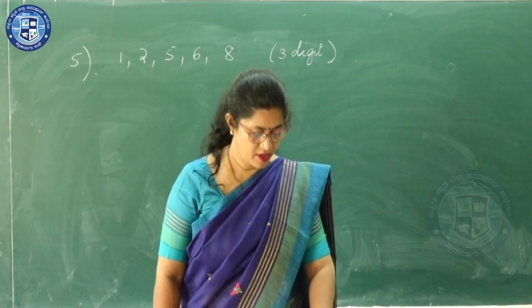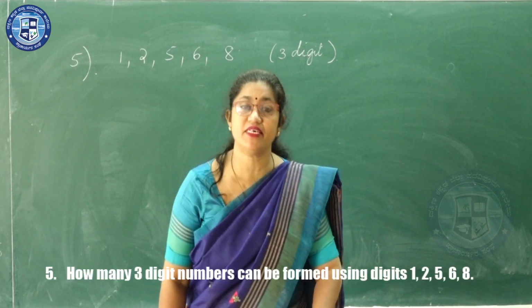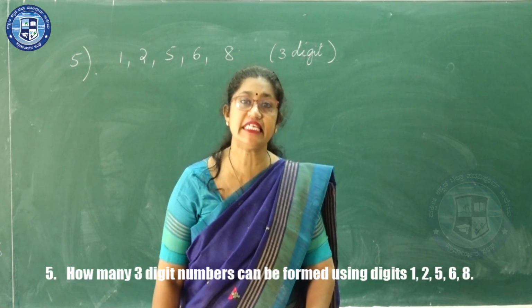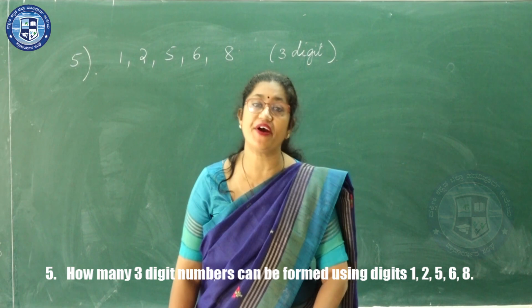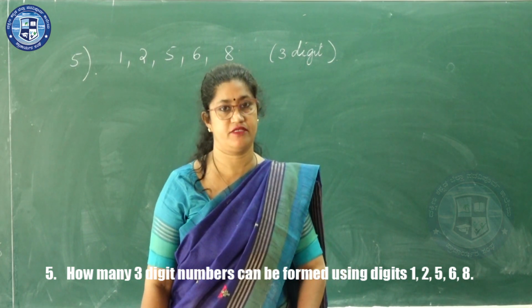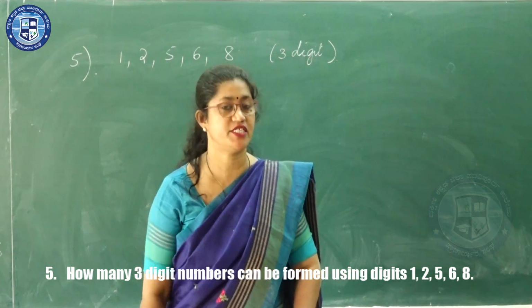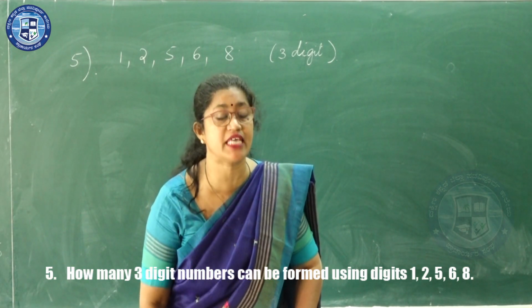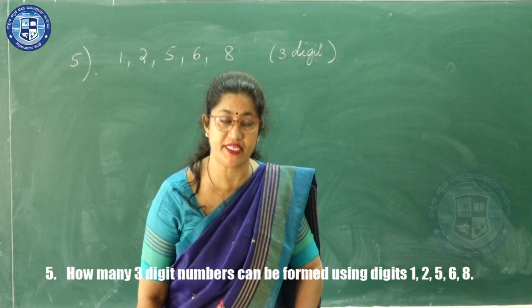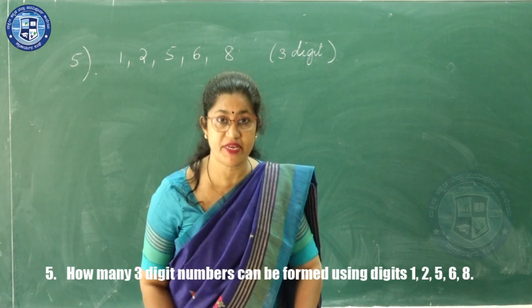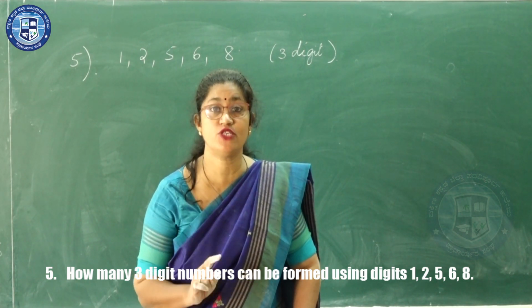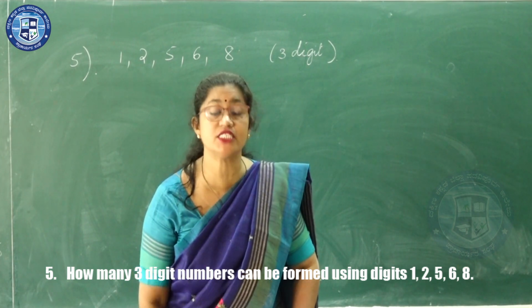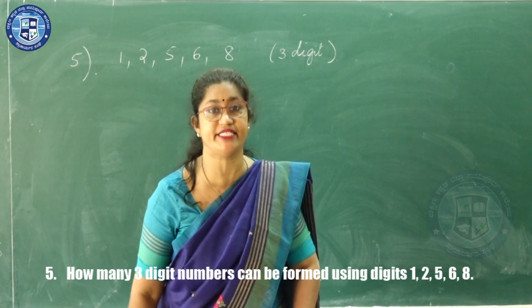Question 5. How many 3-digit numbers can be formed using the digits 1, 2, 5, 6 and 8? Read this question carefully. It does not say anything about digits can be repeated or cannot be repeated. If nothing is mentioned, we assume that it is understood that we can repeat the digits.